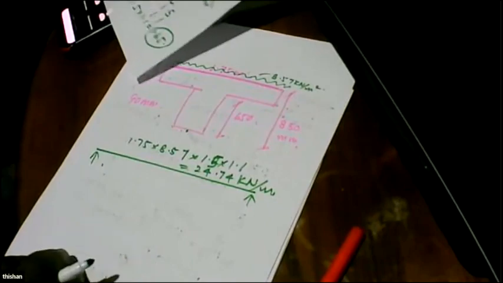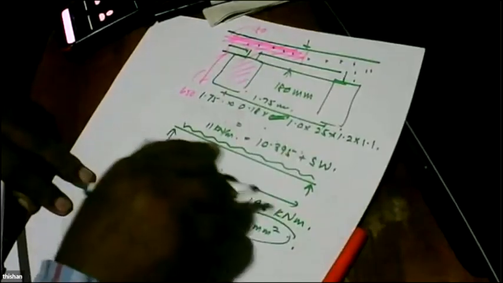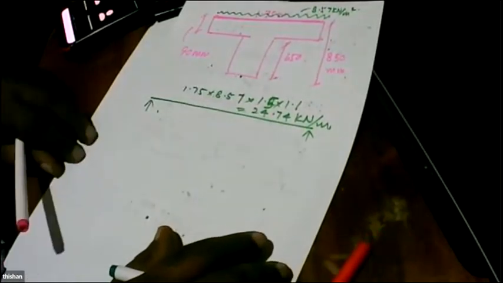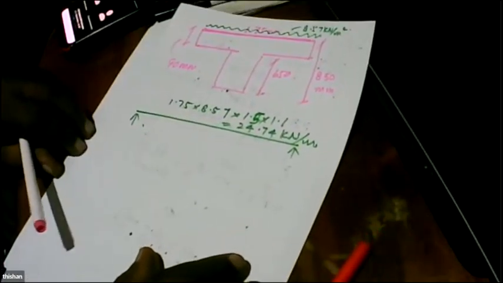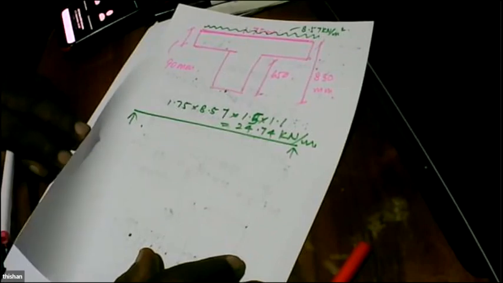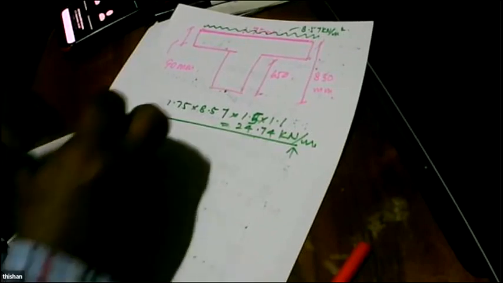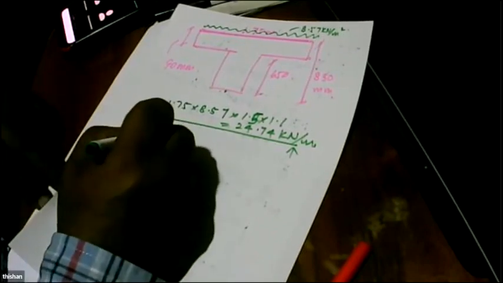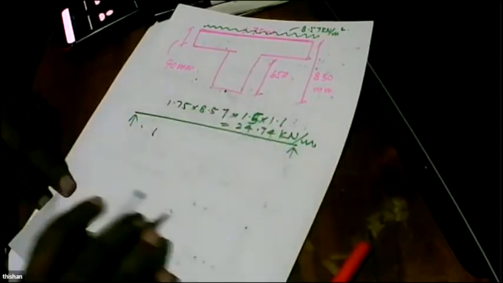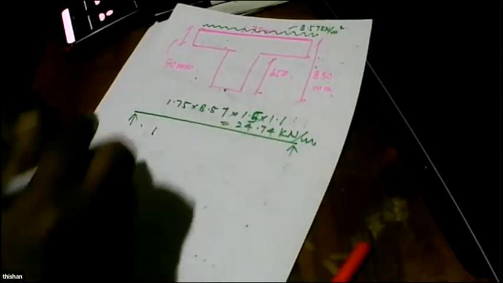Earlier we had already considered the weight of the panels plus beam as 11 kilonewtons per meter. Now we are designing it for a live load of 24.74 kilonewtons per meter. This beam is going to behave as simply supported.